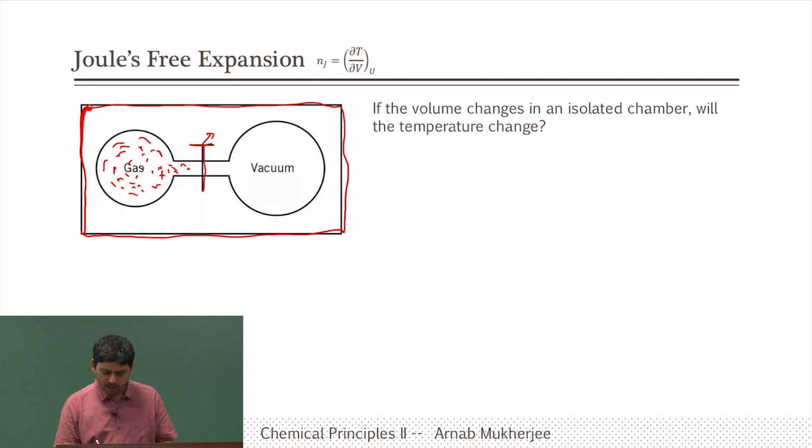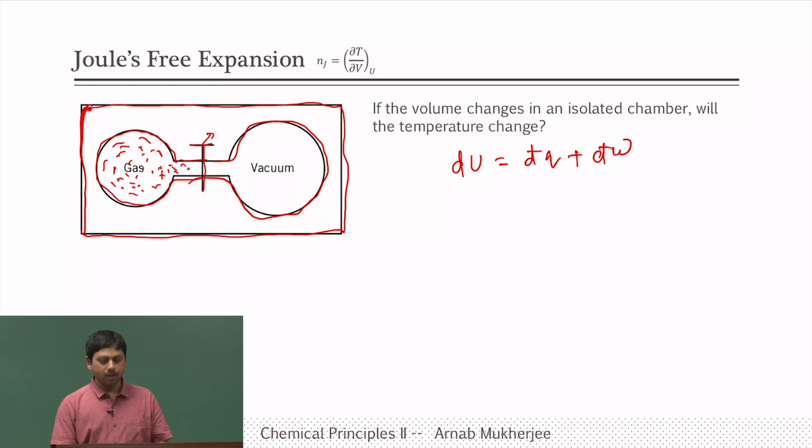We know from the first law of thermodynamics that dU equals dq plus dw. Now, I said that the system is an isolated system. So, basically this whole chamber is isolated, which means our dq is going to be 0. There is no exchange of heat going in or coming out.